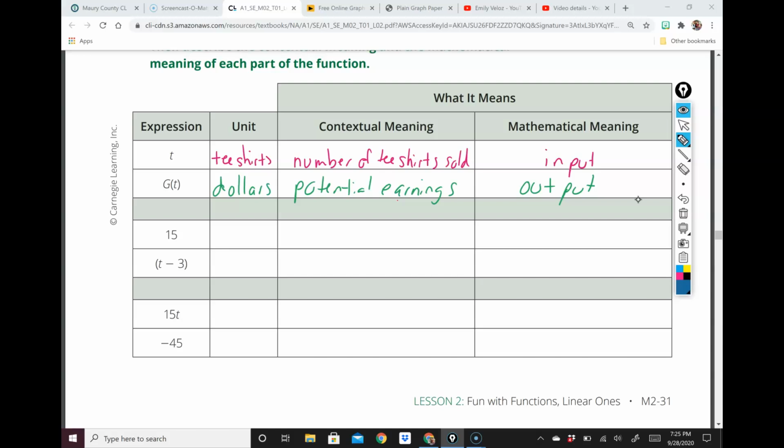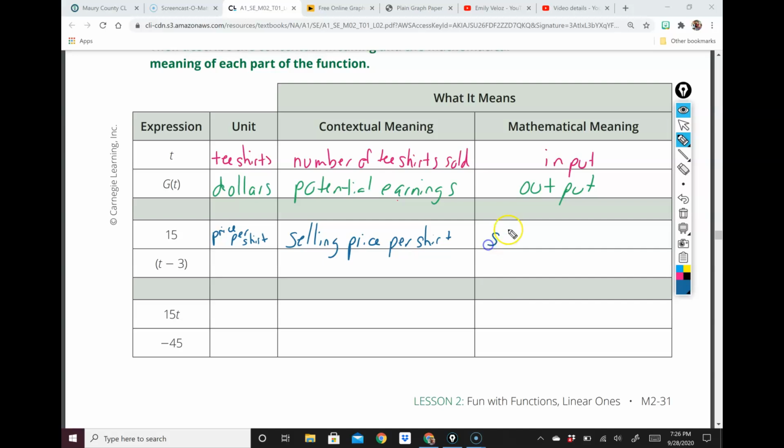$15 represents the dollar per shirt or price per shirt. And again, that's the selling price per shirt.